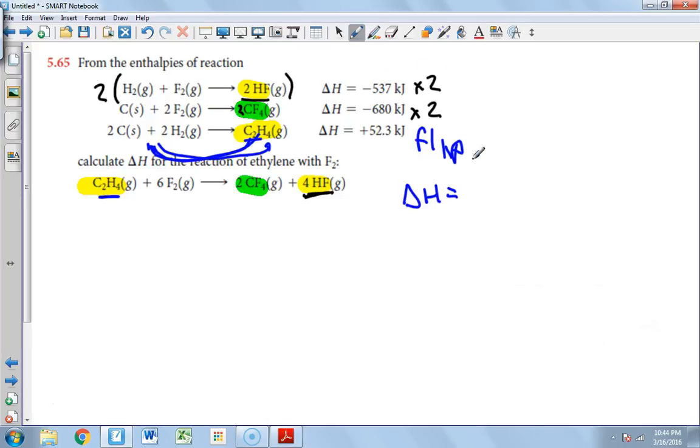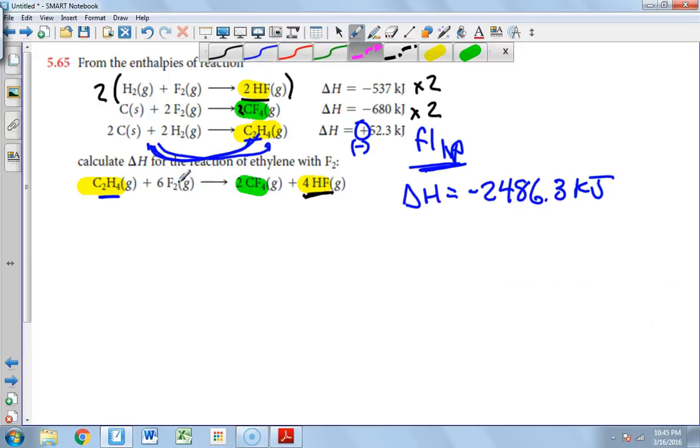So we're going to do negative 537 times 2, plus negative 680 times 2, plus, when we flip the reaction, that makes the sign the opposite, so we add a negative 52.3 kilojoules, and that is going to equal negative 2486.3 kilojoules.